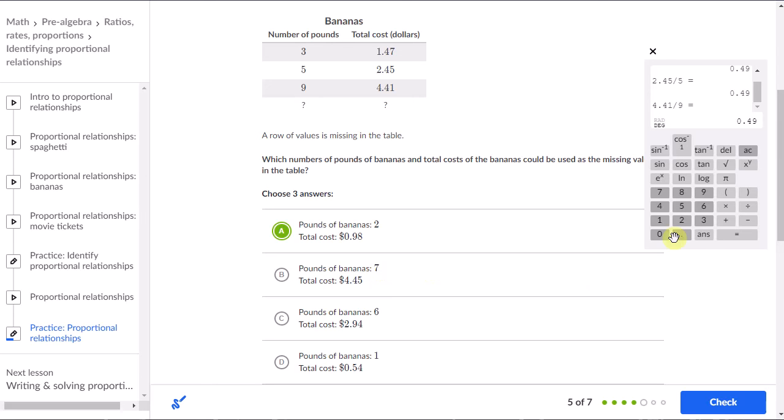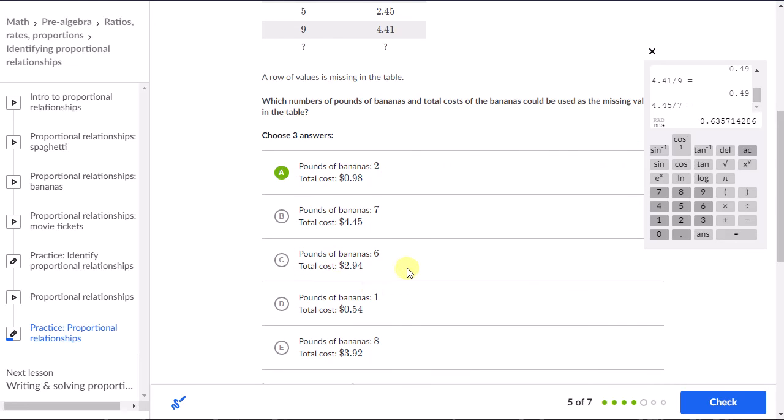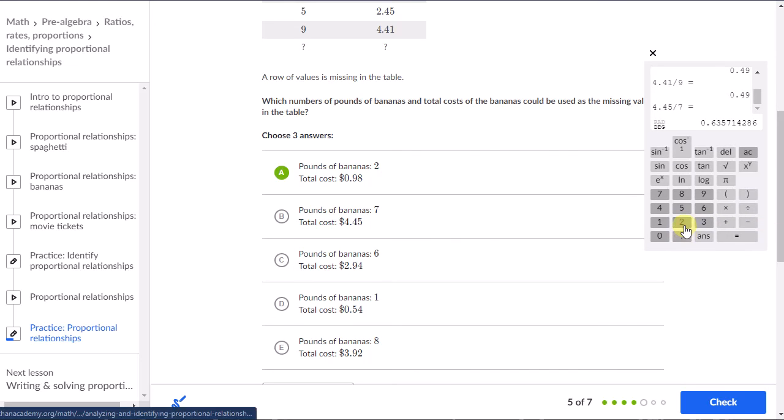4.45 divided by 7. Remember, I'm doing money divided by number of bananas, or pounds of bananas. 4.45. Does that divide by 7 in the same proportion? No, so this is not the one. That means that, oh, I haven't checked yet. 2.94 divided by 6.